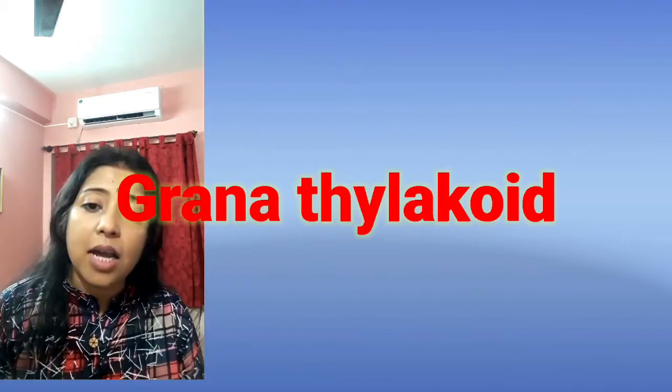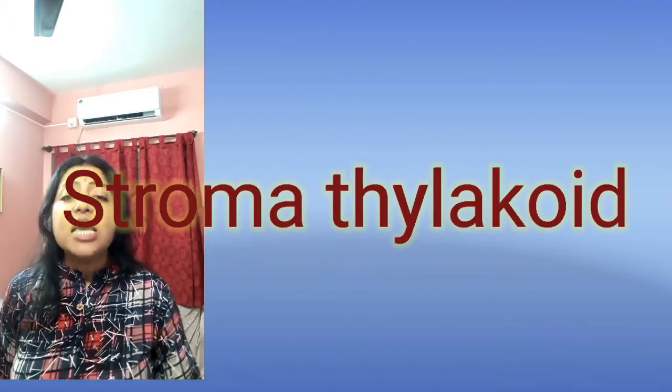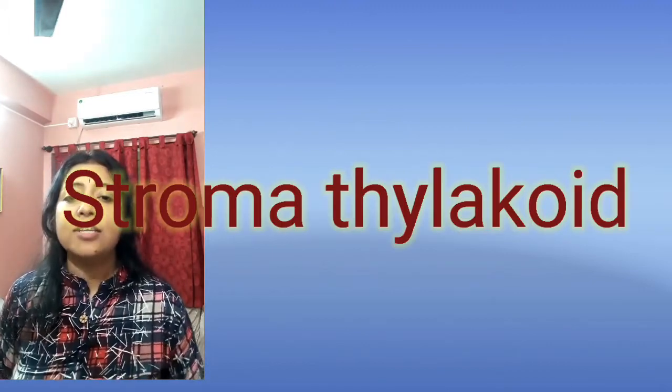Clear? And the site of non-cyclic photophosphorylation is grana thylakoids. But the site of cyclic photophosphorylation is stroma thylakoids. It is the basic difference between cyclic and non-cyclic photophosphorylation.